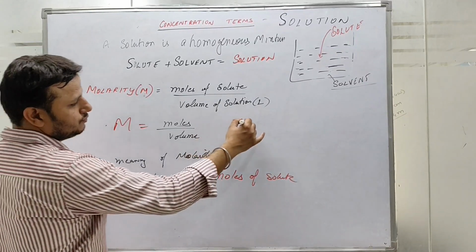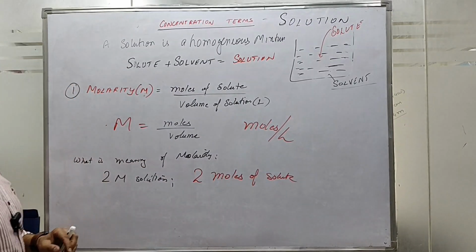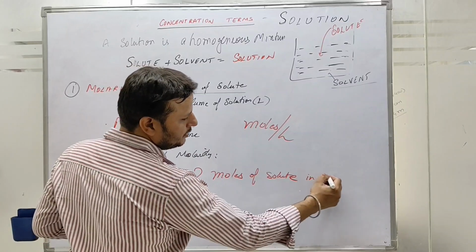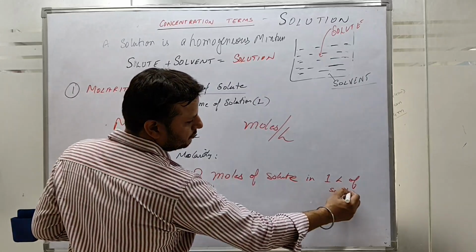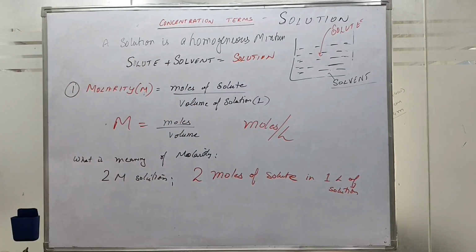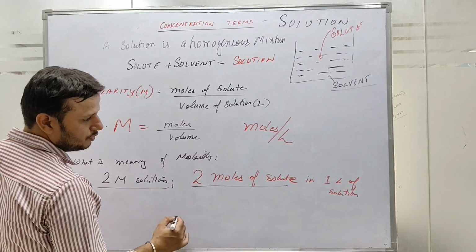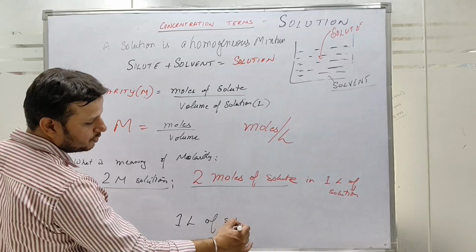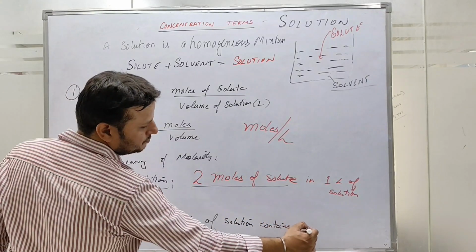Molarity gives us moles per liter of solution. 2 molar means 2 moles of solute in 1 liter of solution, or we can say 1 liter of solution contains 2 moles of solute.